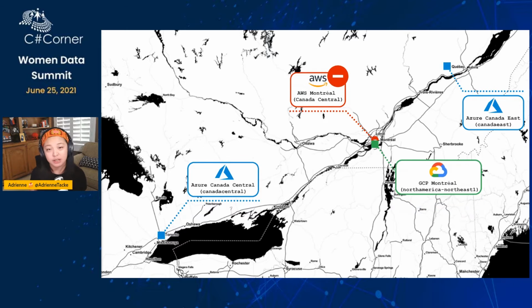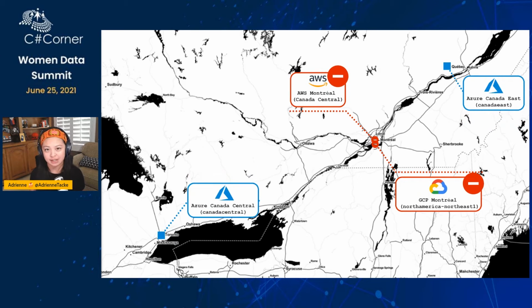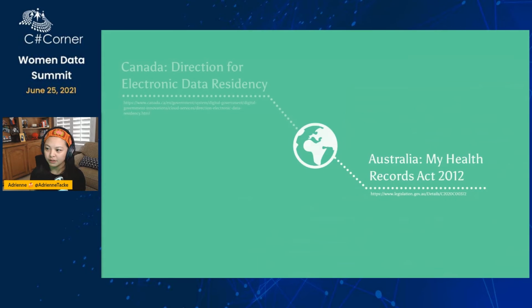Well, they can fail over to GCP Montreal, and it can step up and fill in the gap. And if for some odd, rare reason Montreal as a whole just goes out, that's when the Azure regions can step up and fill in the gap and ensure that no outages occur. So that's the most common scenario that we'll see.